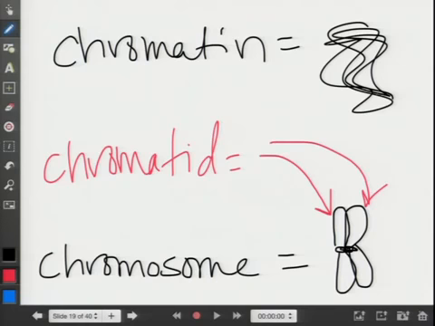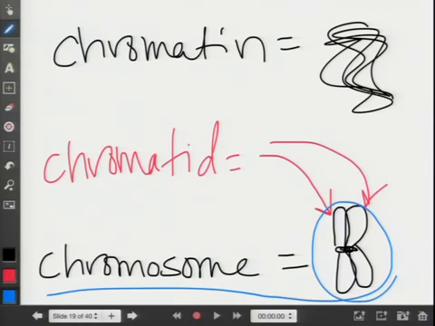The whole thing together is the chromosome. And this matters in the next step when we start talking more about mitosis, because we refer to these as sister chromatids, the replicated partners of one replicated chromosome. So this is a sister and this is a sister, right? But for most organisms, there's more than one chromosome.